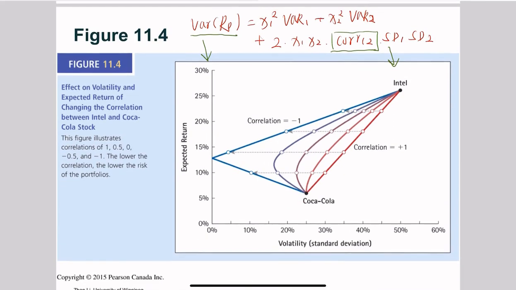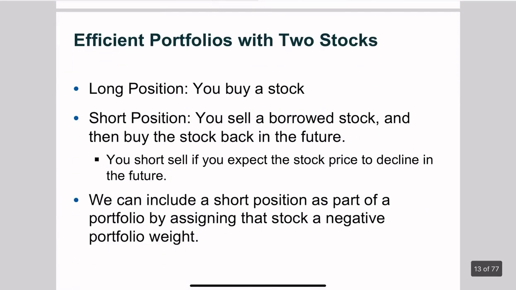That is, the curve with smaller correlation will have smaller variance, right? Just compare this portfolio and this portfolio. Obviously, the portfolio on the left has smaller variance, right? Okay, great.